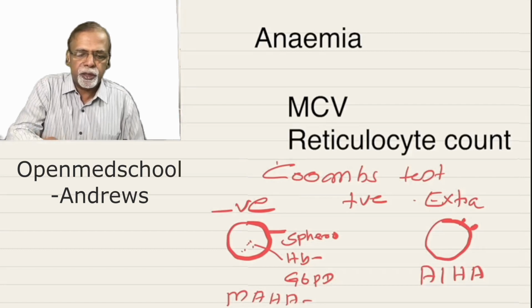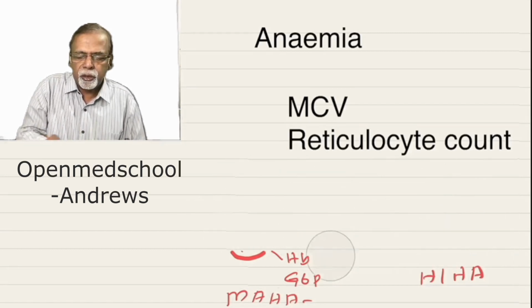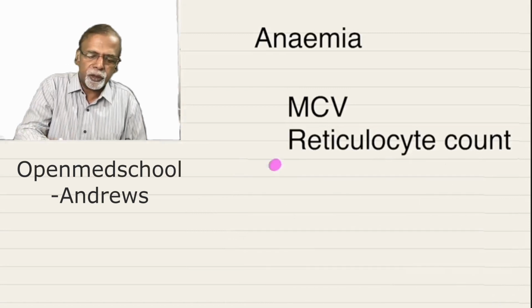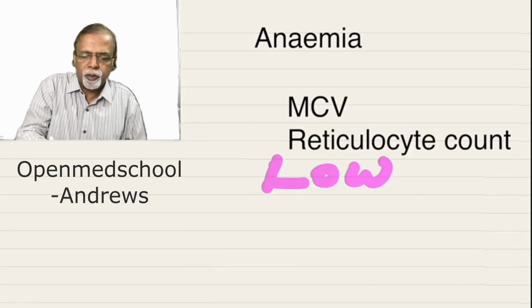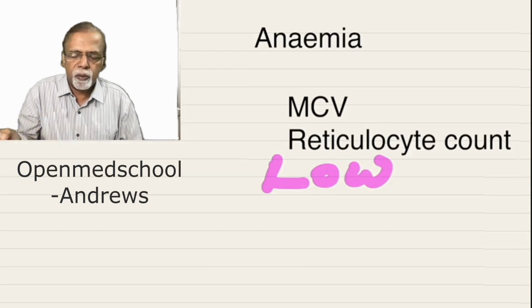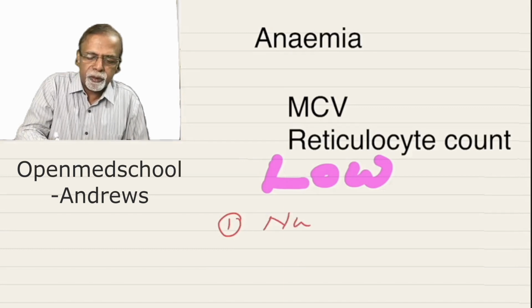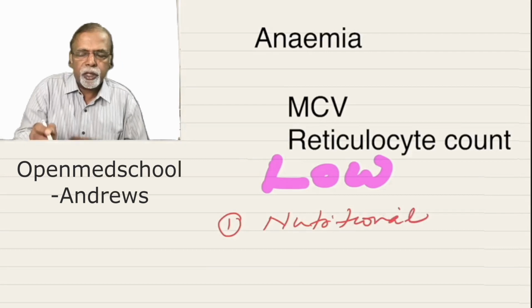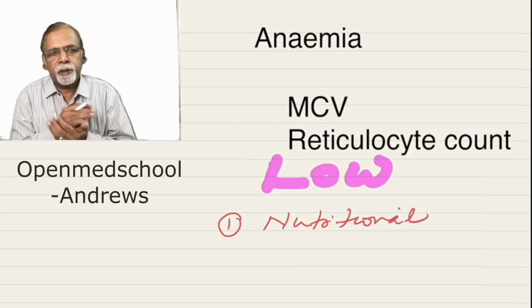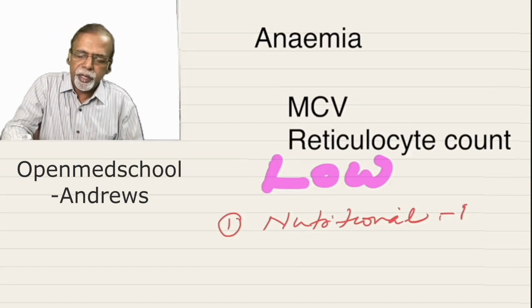Now suppose the reticulocyte count is low. What does it mean? It means that the bone marrow is not responding properly. First, you will consider the nutritional problems. That is, the bone marrow is not getting adequate materials for production of hemoglobin, for example, iron deficiency.